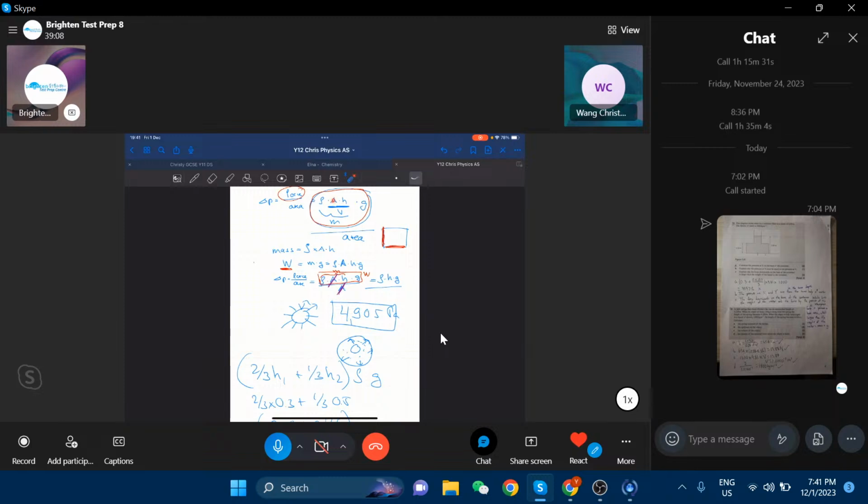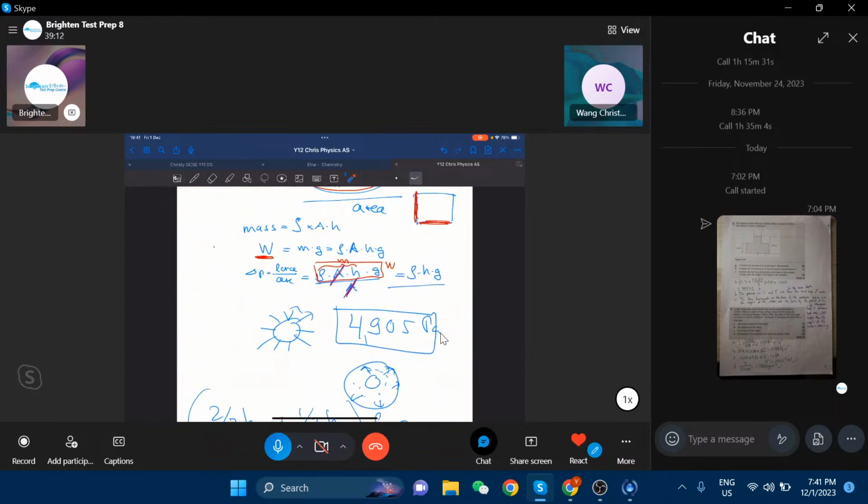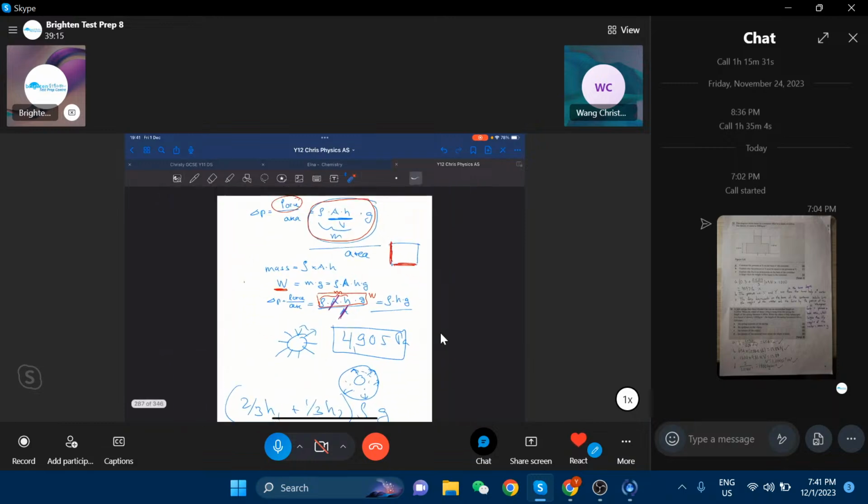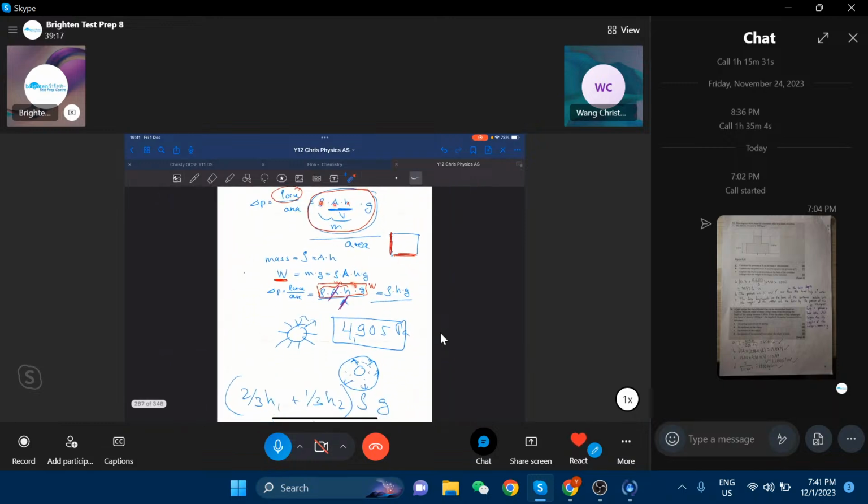So this is the point here: the mass is density times area times height, which is the mass times g. That's the force, and I can divide that, and so the pressure is the same.